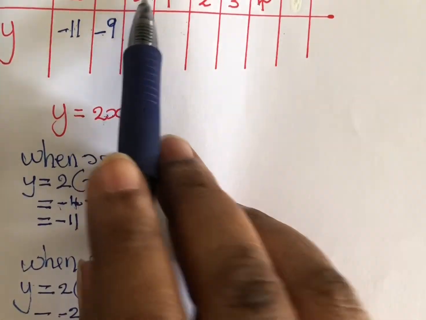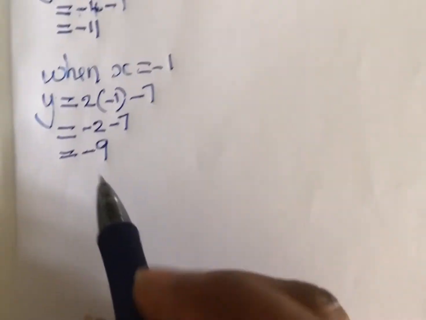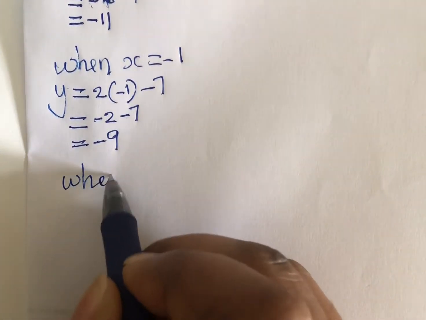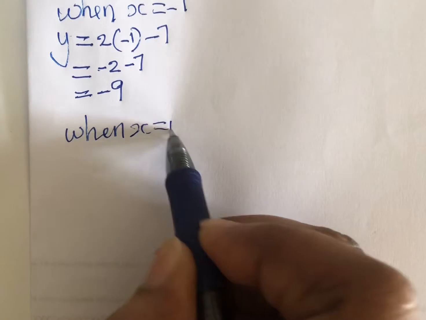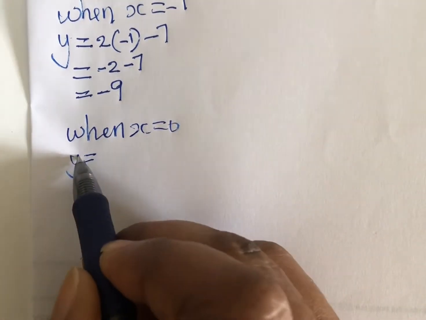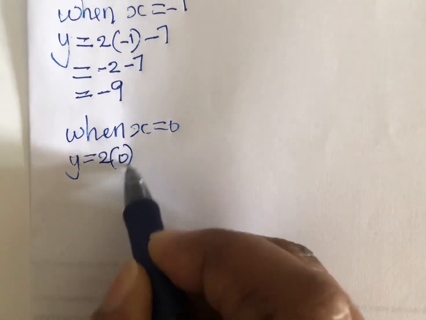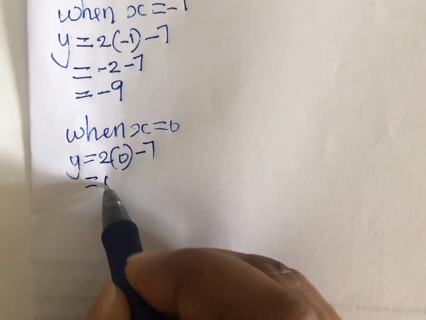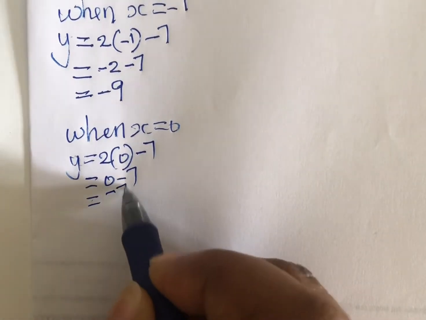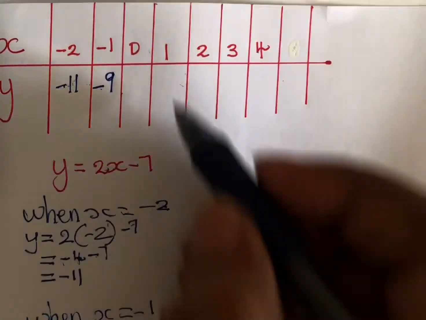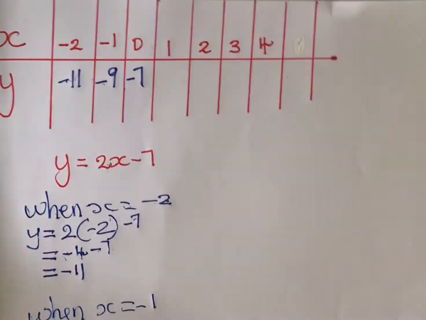And I do the same. x is equal to 0. When x is equal to 0, y is equal to 2 times 0 minus 7. 0 minus 7 is -7.